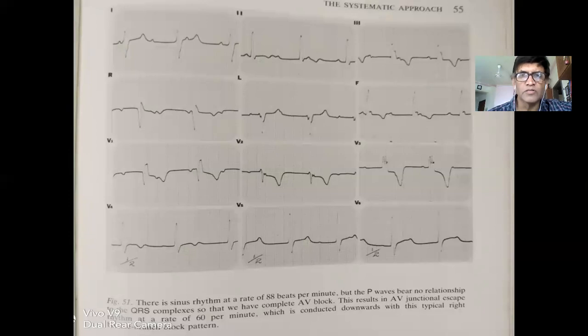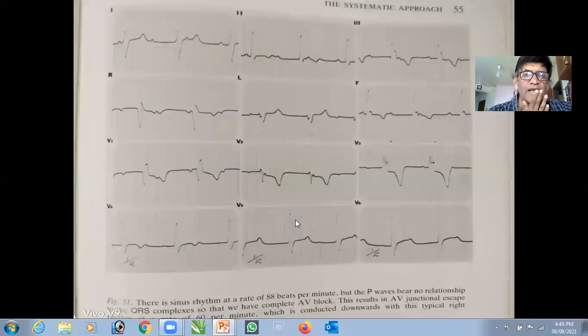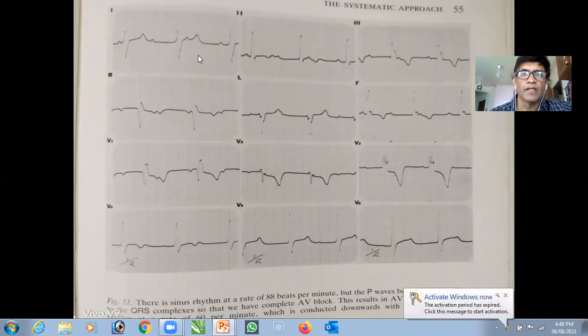So what is this? Can anyone tell? I think this is one of the last ECGs for today. It's a 12 lead ECG. Now you wanted to understand what axis deviation is. Can you see this ECG, lead 1 and lead 3?